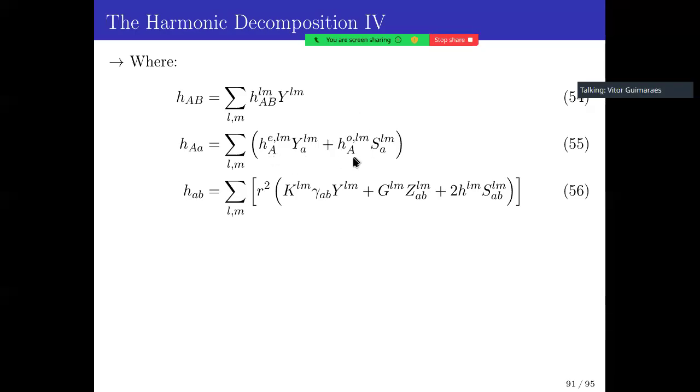Which are vectors with respect to T and R, but are scalars with respect to the two-sphere, okay? In such a way that this transforms as a vector with respect to the two-sphere and also as a vector with respect to T and R, right? Because this transforms as a vector for T and R, this transforms as a scalar for T and R, right? They are invariant for T and R.